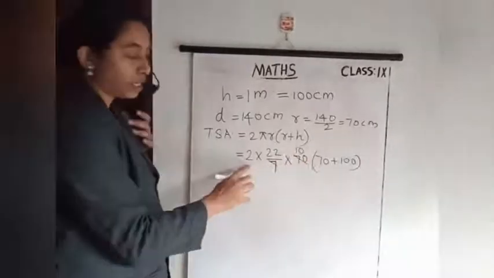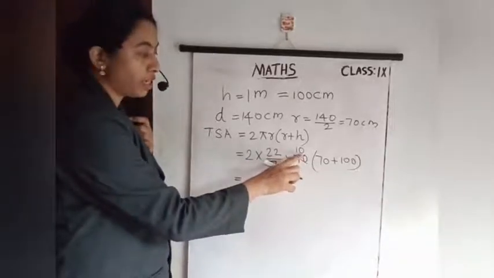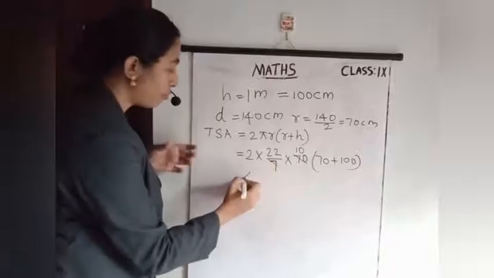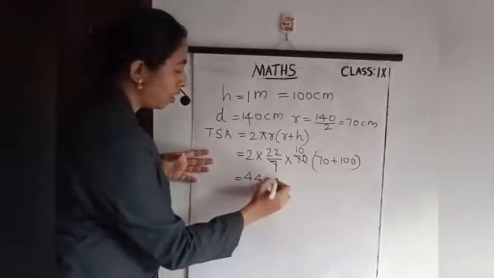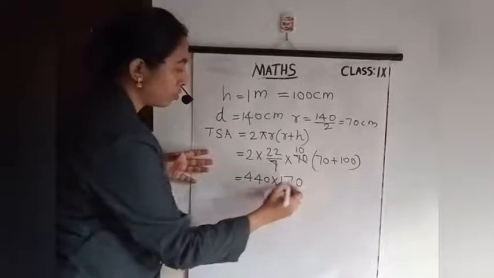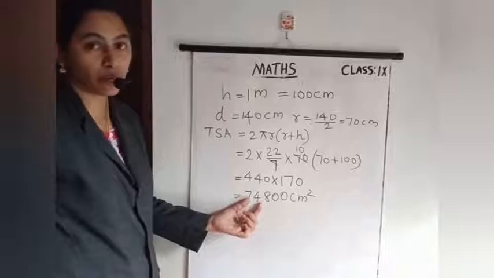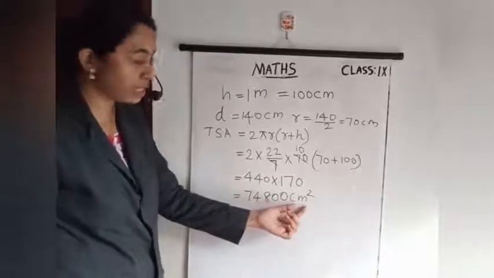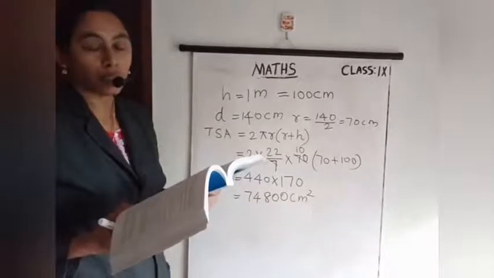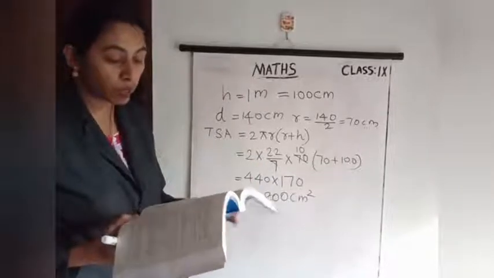So here 10 is left, equal to 2 into 22, 44. 44 into 10, 440. Into 70 plus 100, 170. So now multiply this. After multiplication we get 74,800 centimeter square.